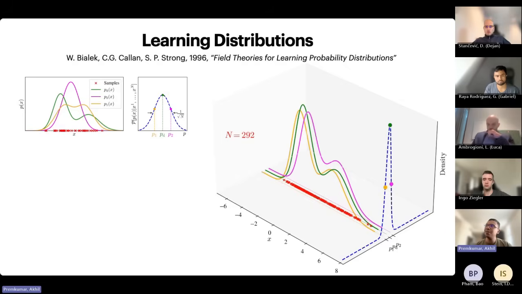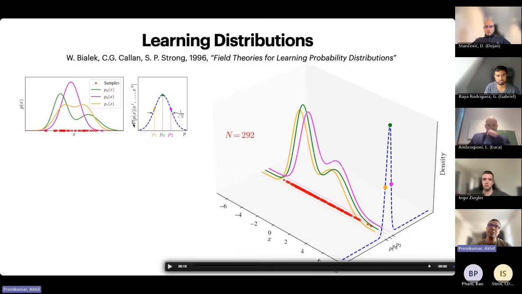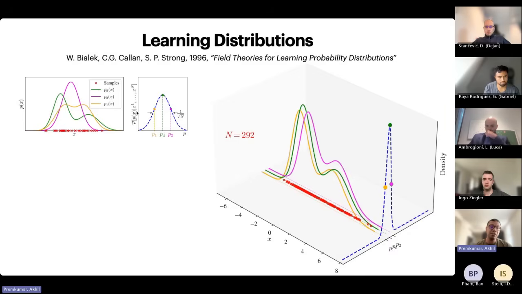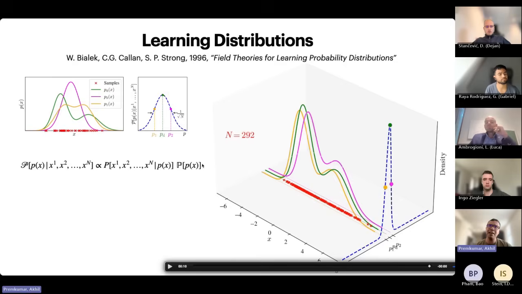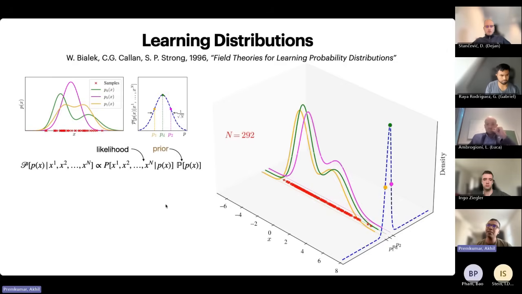Now, there is one more missing piece here, and to identify that, I'm going to write down an expression for the distribution of distributions using Bayes' theorem. And so I write down this expression, and I have to now account for this prior here, which I'll show with this brown line.